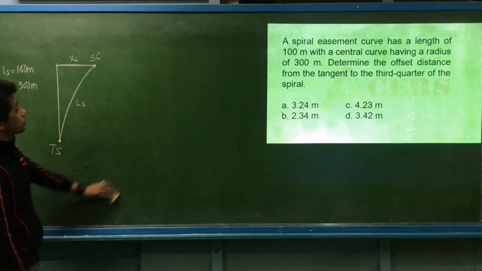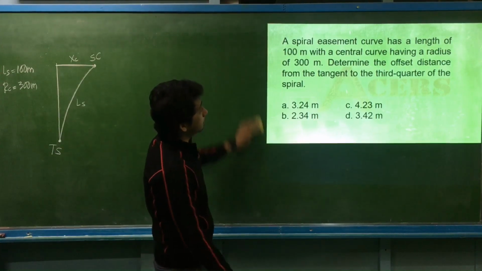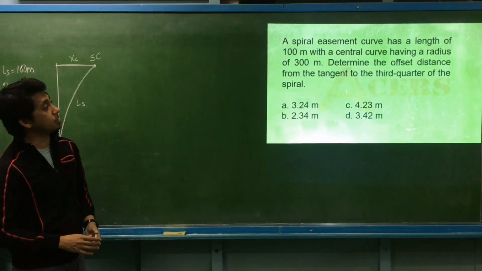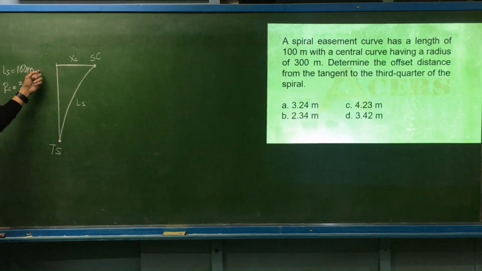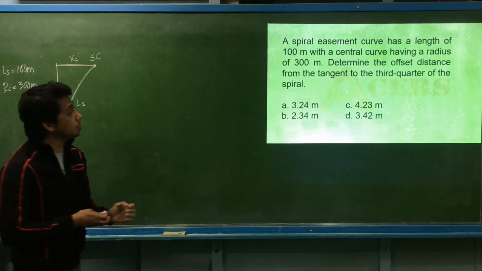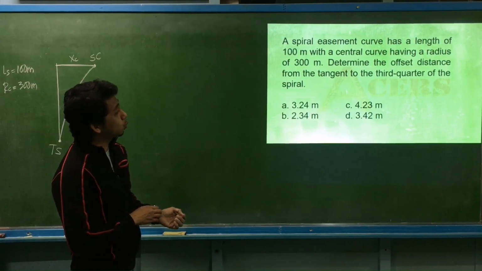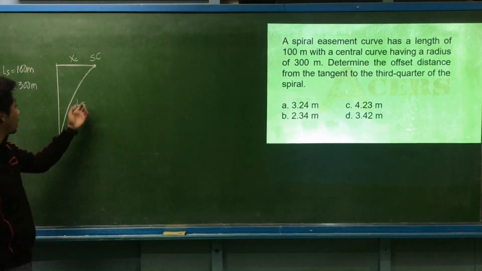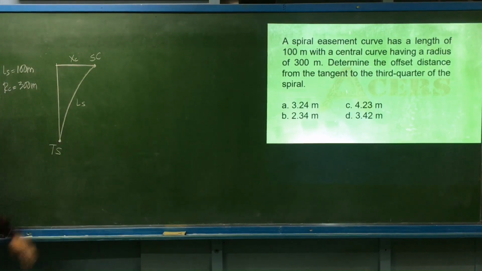Okay, so next example, this is a spiral curve. So it says in the problem, a spiral easement curve has a length of 100 meters with a central curve having a radius of 300 meters. Determine the offset distance from the tangent to the third quarter of the spiral. Usually for a spiral curve, it is divided into quarters.